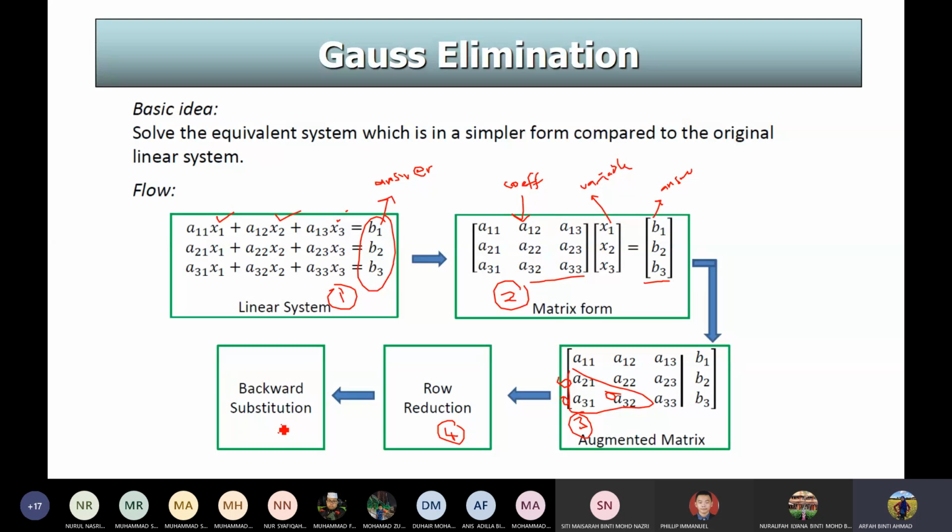The last step kita akan gunakan backward substitution untuk selesaikan nilai x1, x2 dan x3. Okay. So ini adalah aim why we do the Gauss elimination and why you study about elementary row operation in the last week class.